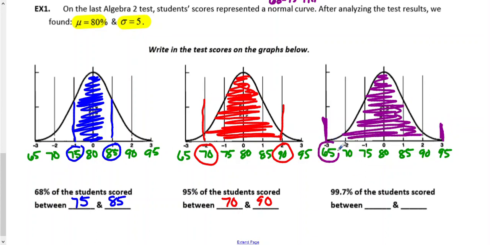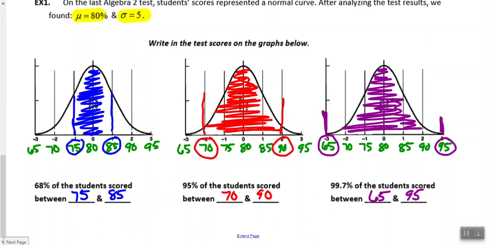And those numbers are 65 to 95. So that is an example of the empirical rule, which is our 68, 95, 99.7% rule.